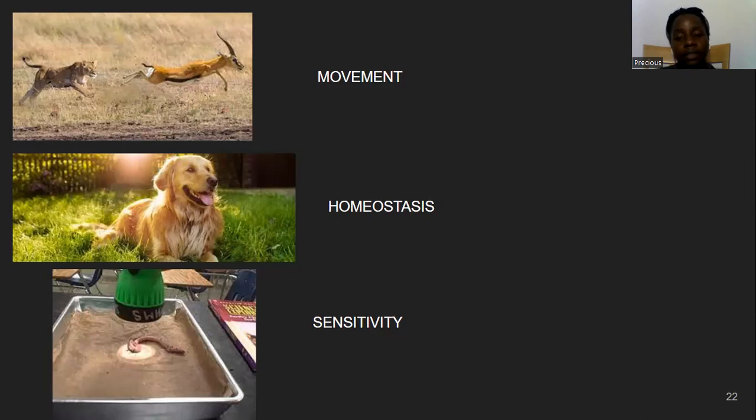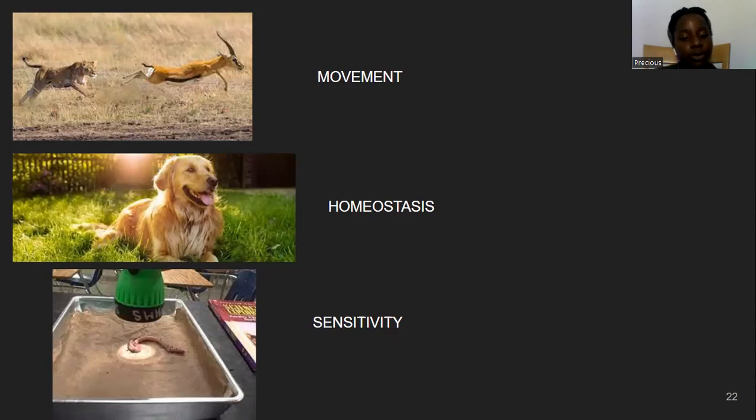So a dog pants even more than usual on a hot day, and that allows it to cool off. And the process by which the body is responding to its environment and then regulating its internal temperature is homeostasis. In a way, there's also response to stimuli there, right? Because the body could sense that change in heat. But it's also really homeostasis, where the body's trying to regulate the internal temperature back to normal.